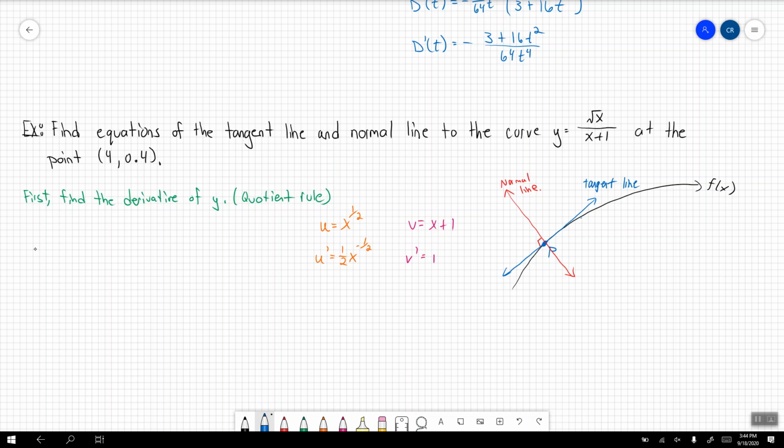So when I work with y prime, I'm going to take my derivative of the numerator, which is 1/2 x to the power of negative 1/2. So that's the derivative of the numerator, multiplied by the function at the bottom, which is x plus 1, minus the top function, which is x to the power of 1/2, times the derivative of the bottom, which is just 1.